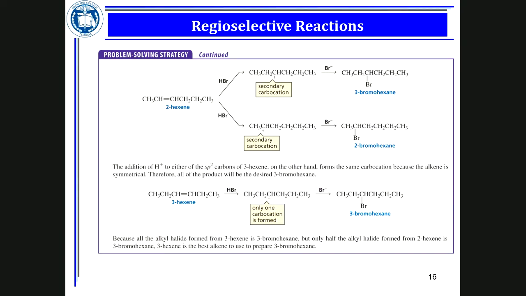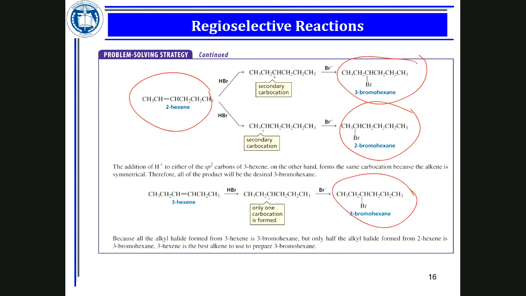They're all major. For this first reaction, you could get 2 products. If you start with 3-hexene, you get only 1 product. It's the same product.